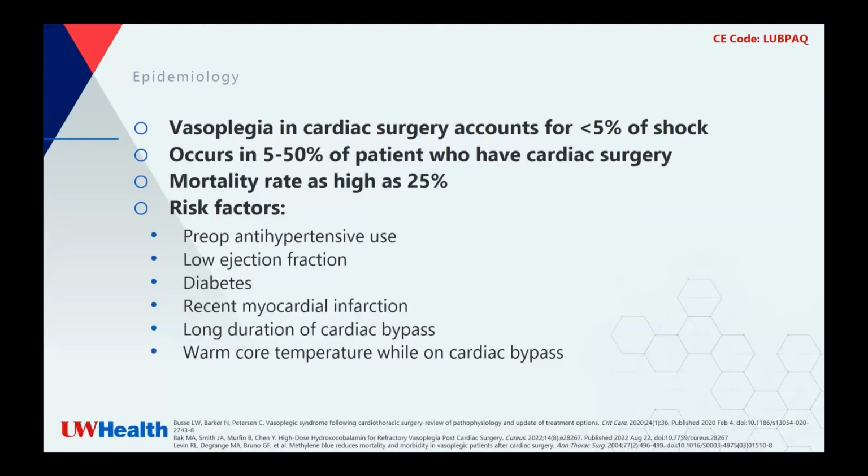And in this population, the mortality rate can be as high as 25%. So risk factors for post-op vasoplegia include pre-op antihypertensive use, having a low ejection fraction, having diabetes or a recent myocardial infarction, or surgical characteristics such as having a long duration of cardiac bypass or having a warm core temperature while on bypass.